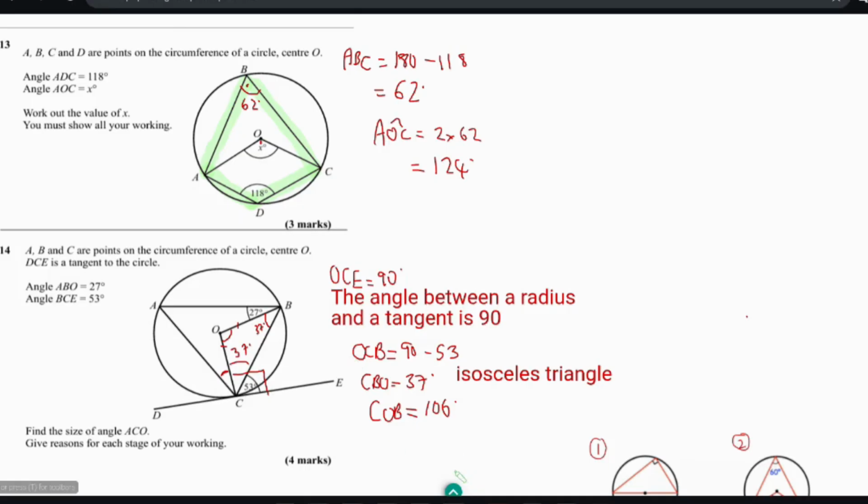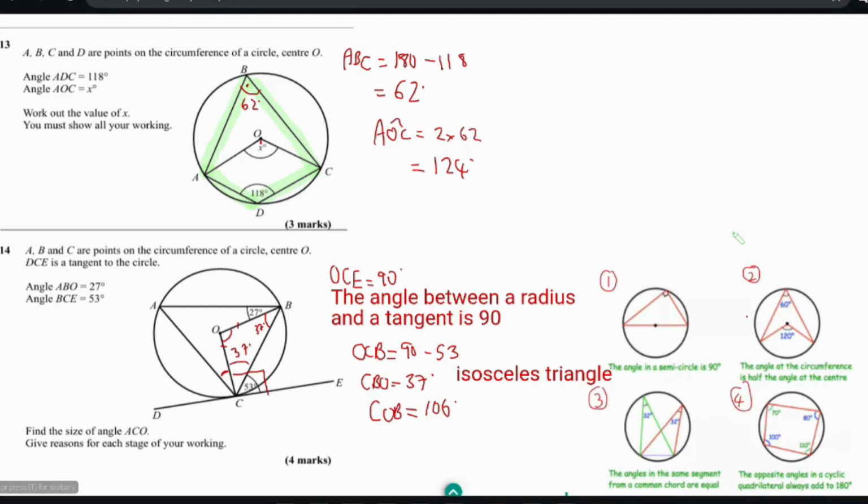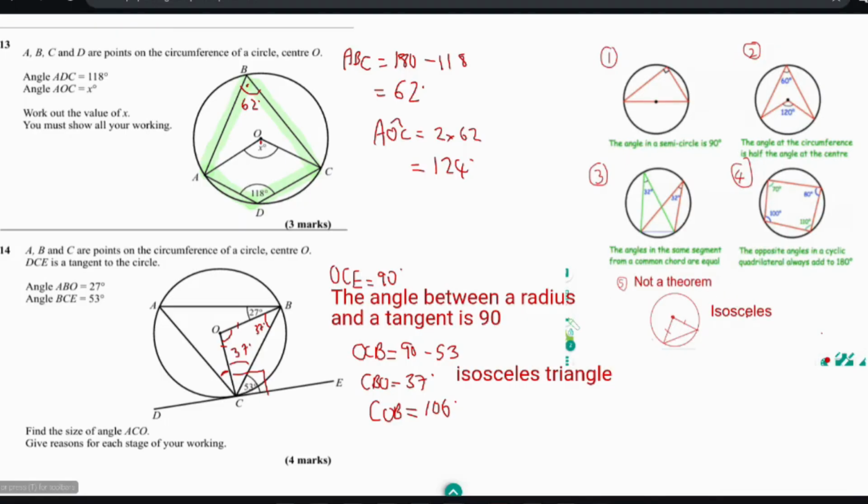Then, if you spotted your arrow, number 2, you can see that CAB, the angle at the circumference, is half the angle at the centre, so it's 53.